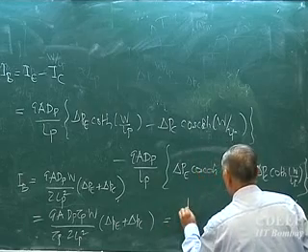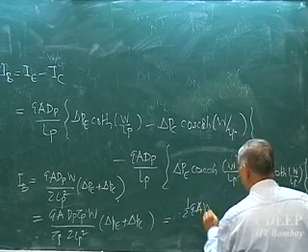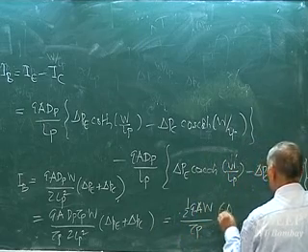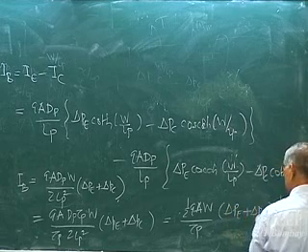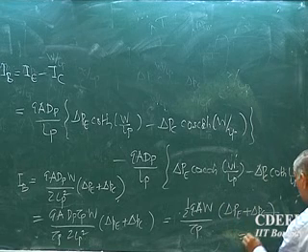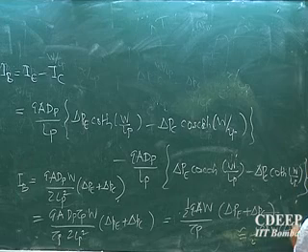So well and so good. Half QA W upon tau P into delta PE plus delta PC, and if I say delta PC is very small or 0, this is half QAW into delta PE by tau P.